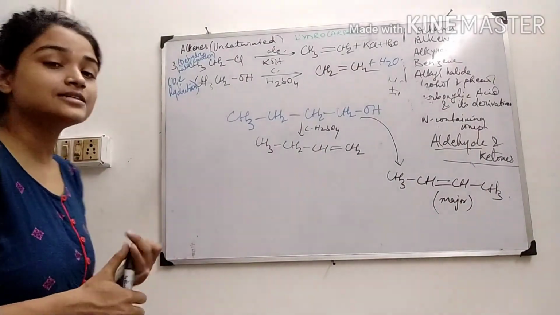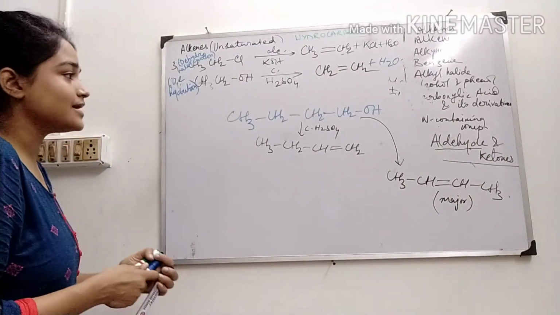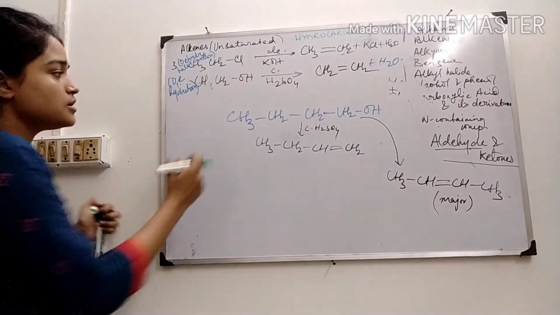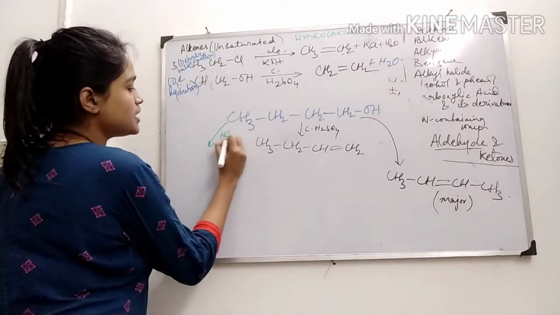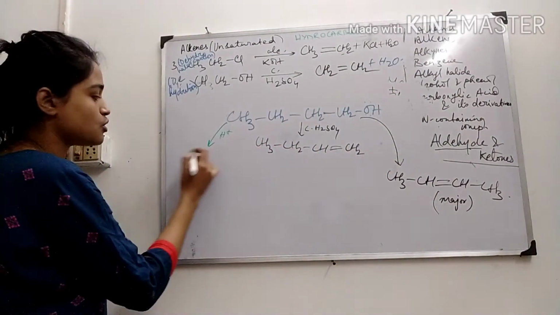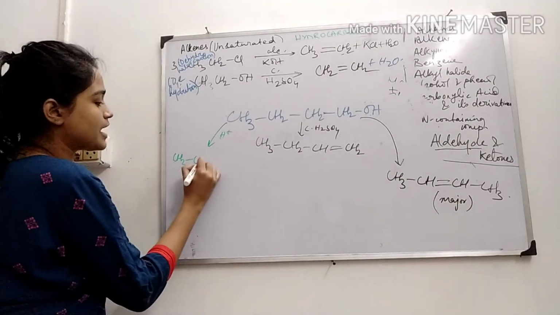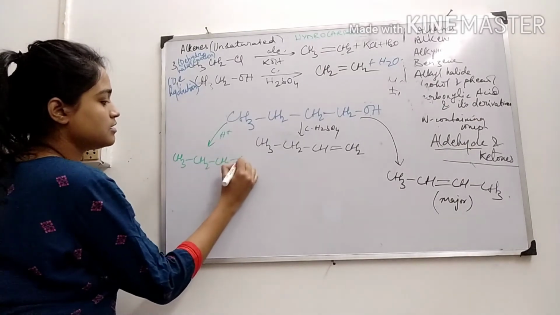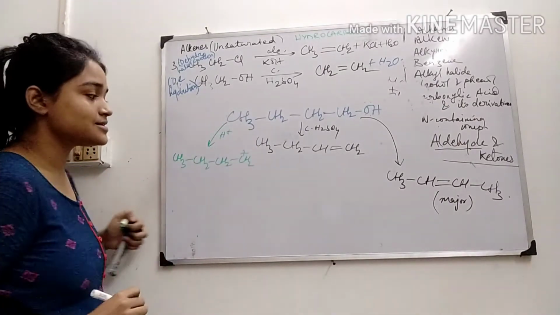Let's see the intermediate that is formed, the carbocation. If I add H plus, this will be protonated and this will be removed, so I will get the carbocation like this.